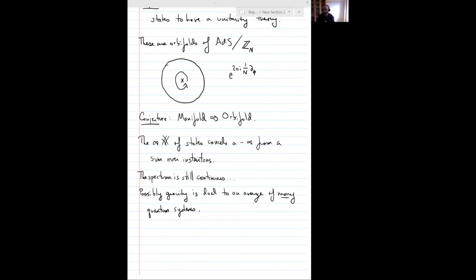And if you ask me what I believe about three-dimensional gravity, I believe something very similar is true. Namely, that the fact that the spectrum is continuous is not a problem to be solved, but rather is a reflection of the fact that it's given by some disordered theory where one averages over many quantum systems.